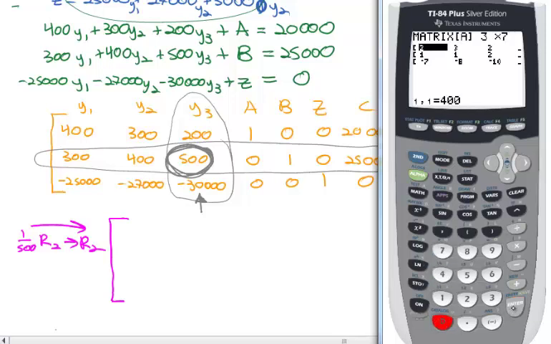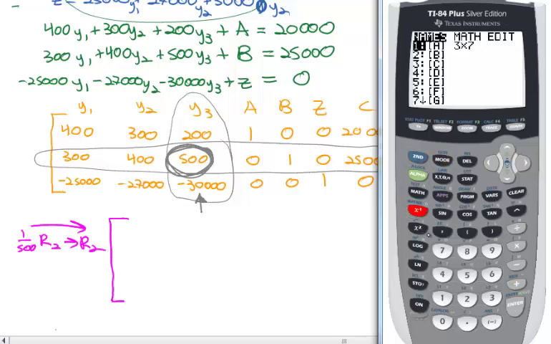Entering in the values of 400, 300, 200, 1, 0, 0, 20,000, 300, 400, 500, 0, 1, 0, 25,000, negative 25,000, negative 27,000, negative 30,000, 0, 0, 1, 0, second quit.